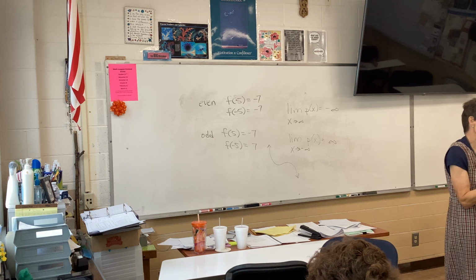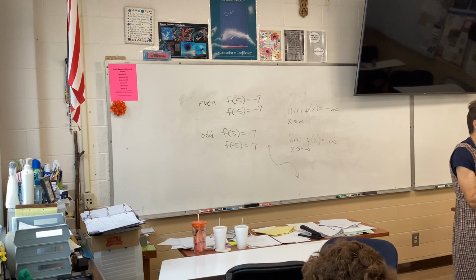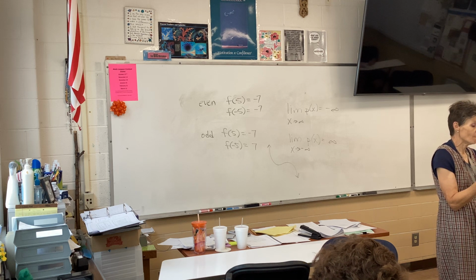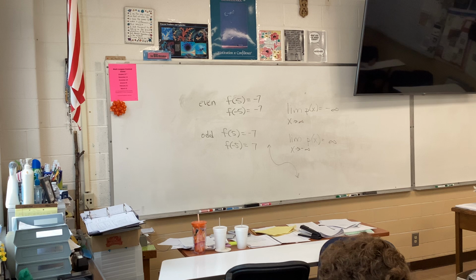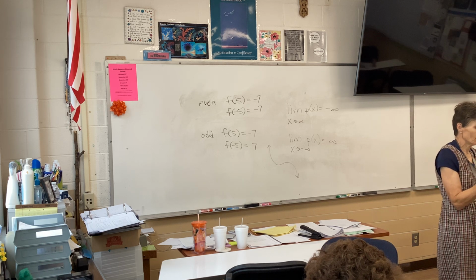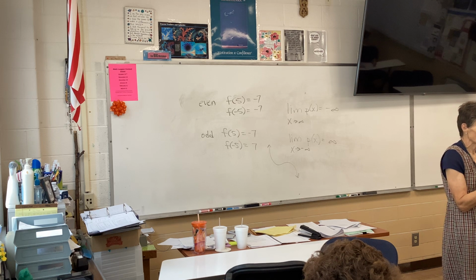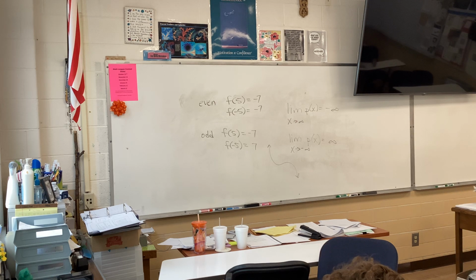Well, first of all, do we have any? Yeah. Looks like we have a local or relative minimum where x equals 1, and another relative minimum where x equals 6. And then we actually have a relative maximum where x equals 3.